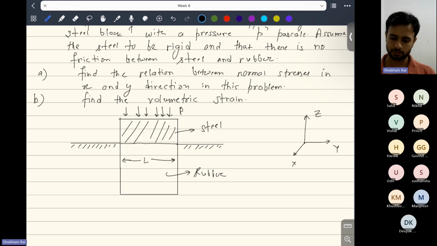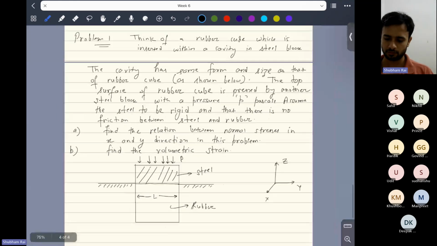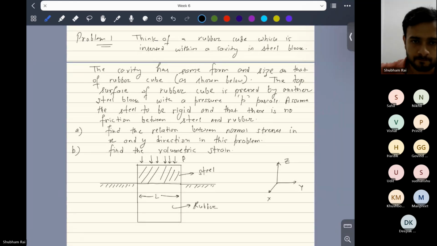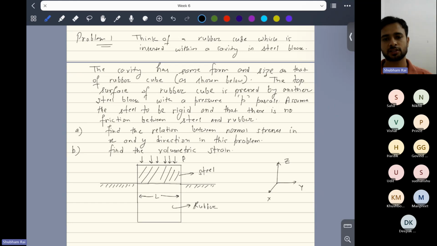Now can you try to solve this? I'm giving you 2 minutes. You have to find the relationship between normal stress in x and y direction in this problem. So how will you proceed? First, you try to write the displacements.